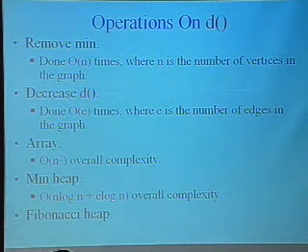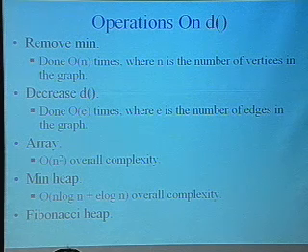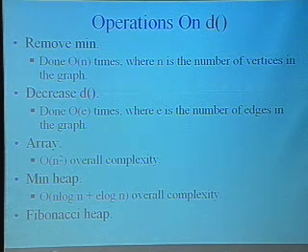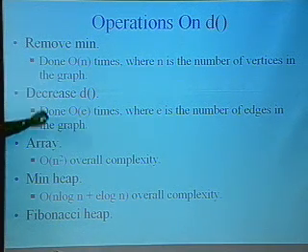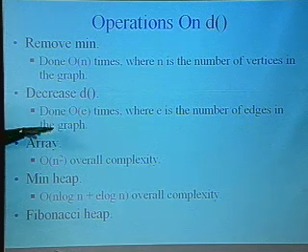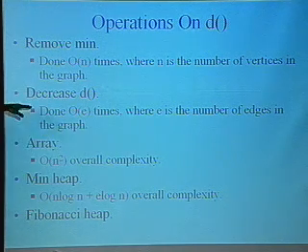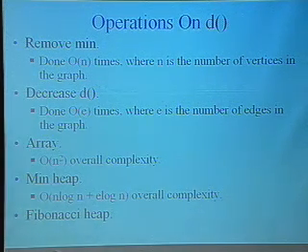So I'll use the amortized complexity to figure out the cost of the whole sequence of n remove mins and e decrease key operations. The amortized complexity here is log n, and over here it's 1. So the entire sequence would take n log n plus e amount of time.